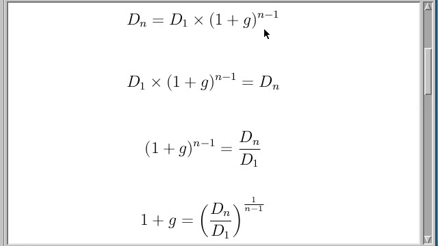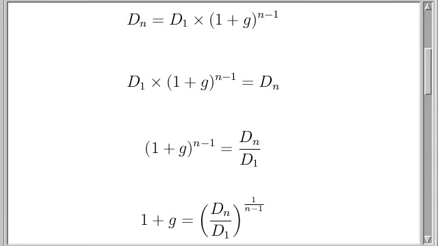So I just write it again the other way around and then get 1 plus rate to the power of the number of periods here in this ratio. And finally I have 1 plus rate is the ratio of the last dividend over the first one to the power of 1 over the number of years.